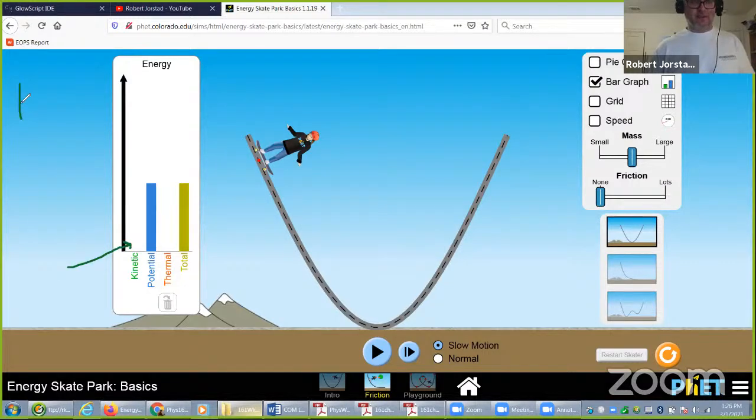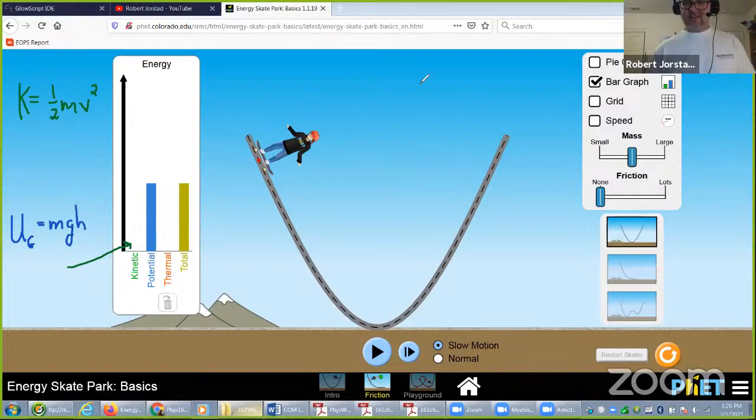If it helps, remember the kinetic energy formula is 1/2 mv squared. And the potential energy due to gravity, we don't have any springs. The formula that we're going to use for that is mgh.